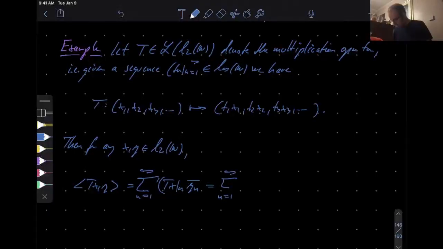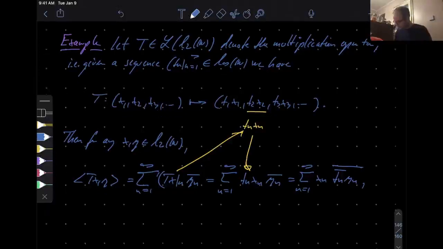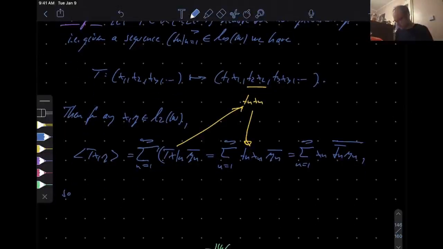Now this is, by definition, you can read it up there, the sum of T_n x_n times y_n bar, because the nth entry is just T_n x_n. And then here a little bit of trickery. So the complex conjugate of a number is the number itself. So I put a bar here on y_n, and then another bar on top. All right. And this you can do because you're working here with scalars, everything is commutative. Okay, so what this tells us is the following. So it says that T is self-adjoint.